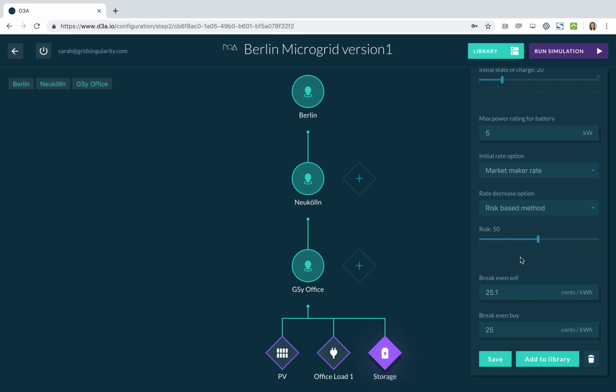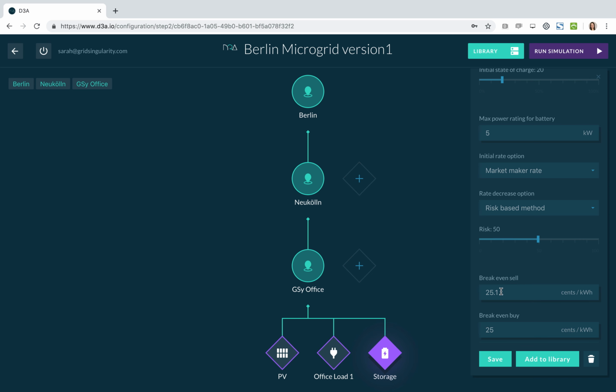You can read about the storage strategy. But in short, it has a break-even buy or sell price. So all the devices that are trying to sell energy, they will start selling usually around the market maker rate of 30 cents, although you can configure that. So they'll compete with the market maker, and then as there become more or less buyers on the market, they will decrease their price.